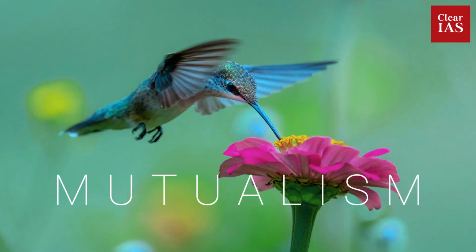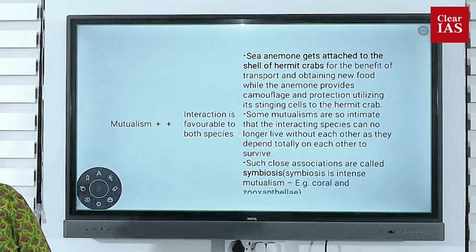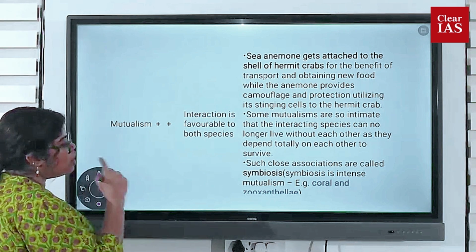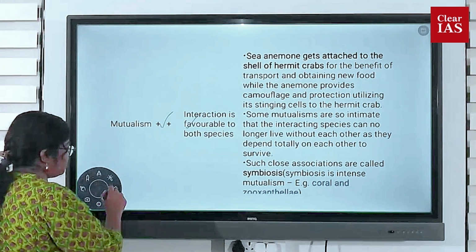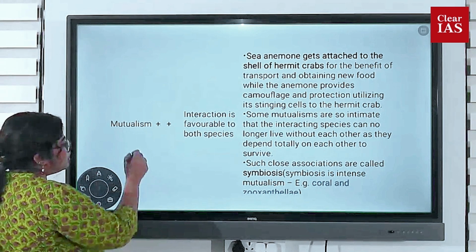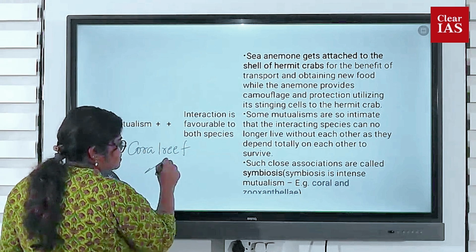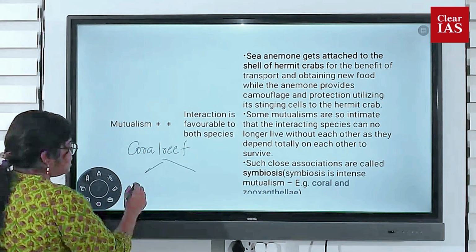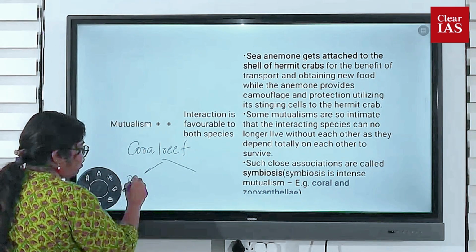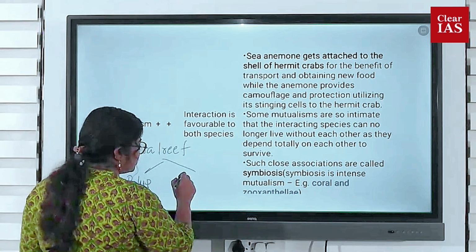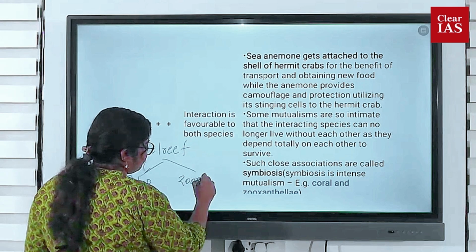Next is mutualism. Mutualism means both are benefited. I'll give you an example of a coral reef. A coral reef will have two parts. It will have a polyp, the coral polyp, and it will have a producing part, that is zooxanthellae.